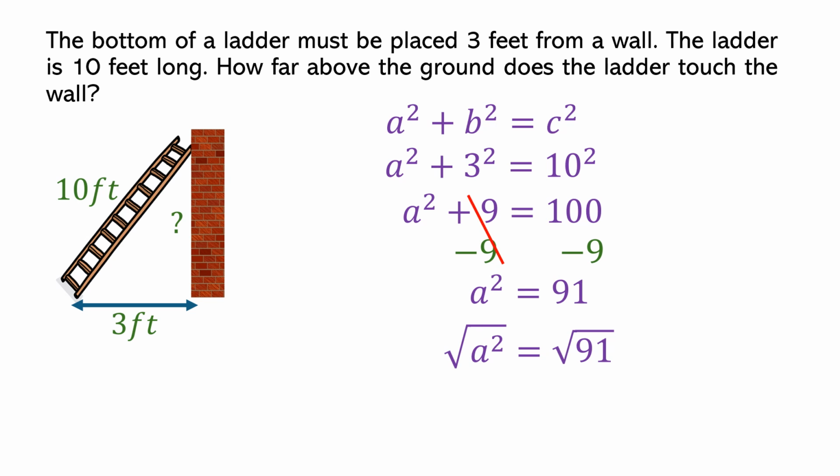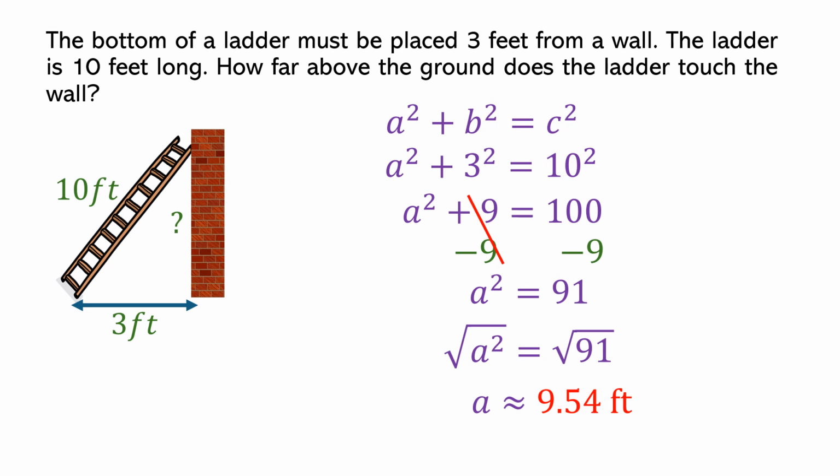So to neutralize the square, we put the square root so that only a is left. It's like 2 squared is 4, and if you take the square root of 4, it goes back to 2. So the square root of 2 squared is just 2. In this case, the square root of a squared is just a. And for the square root of 91, if you have a calculator, you can use that to get the answer 9.54.